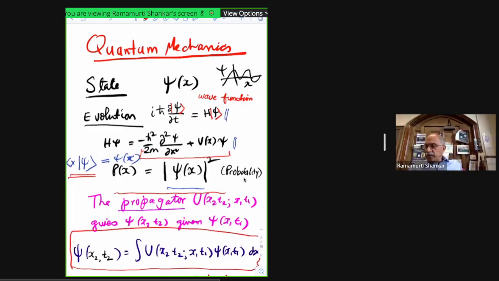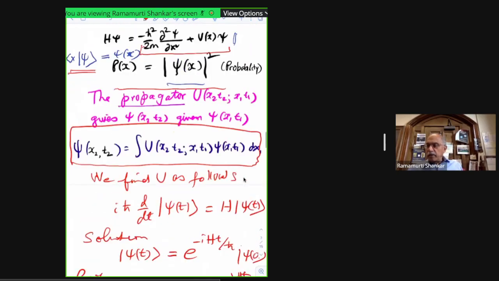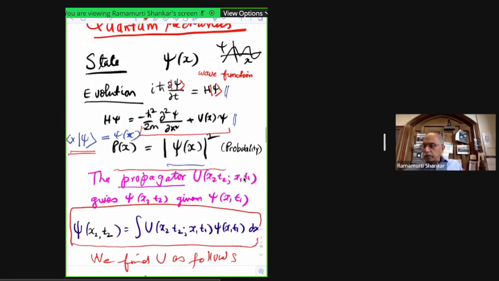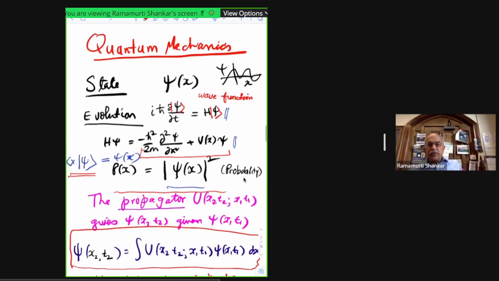You take the initial state psi, multiply by this u, and integrate over x1, and the function you get is psi of x2 t2.